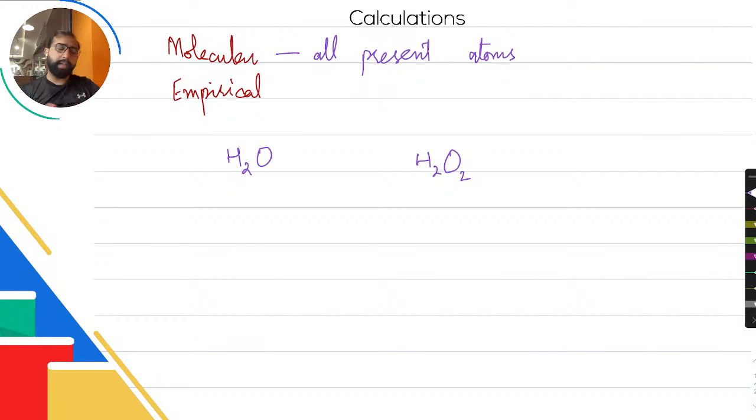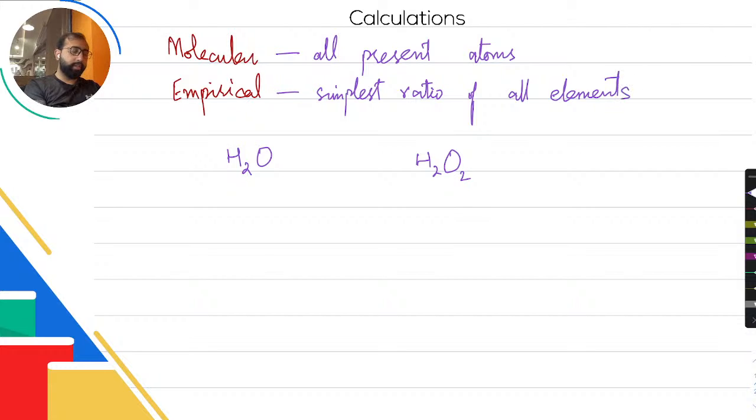Now, empirical formula is slightly different. Empirical formula gives me the simplest ratio of all elements, basically all kinds of atoms. So for water, the ratio is still the same. There's double the hydrogen compared to oxygen. But for hydrogen peroxide, the ratio is not the same. You have an equal number of hydrogen and oxygen.